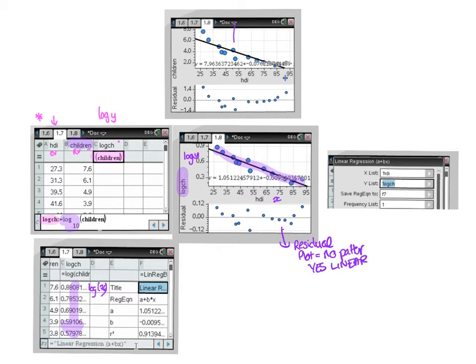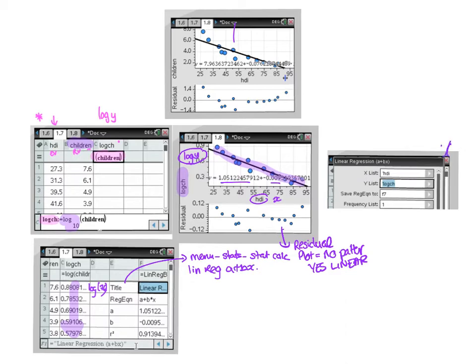Okay, so once you have it at linear, you want to write the new equation. So we want to write this equation out here. Now you can see it here, or you can get it back on our list. So remember, to get these values here, we press menu, stats, stat calc, and then you're looking for the lin reg a plus bx.